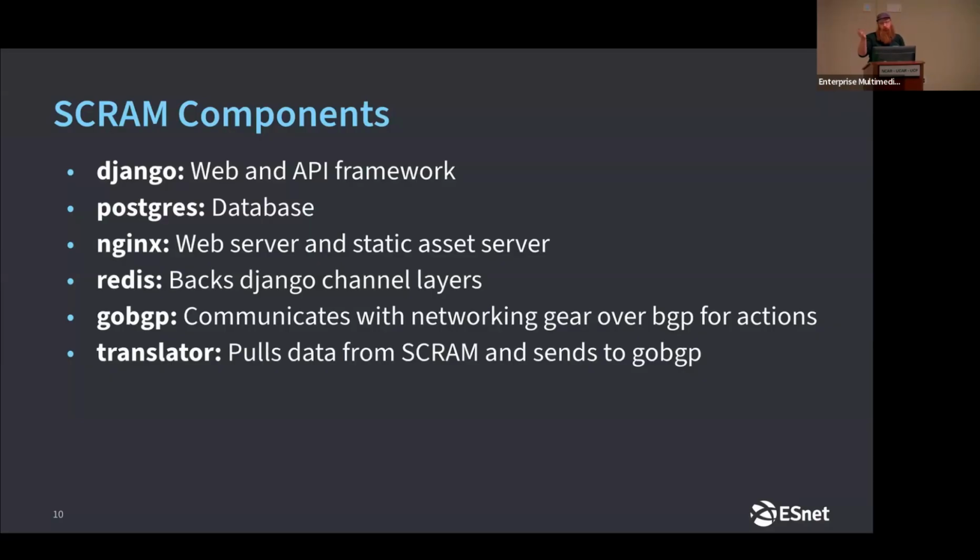And the translator is this module that I mentioned that takes all this data from SCRAM, the Django application, and sends it to GoBGP to make it real on your network. But you could also write a translator module that sends it via carrier pigeon, or just sends DOP a phone call and says, hey, DOP, can you go block this?